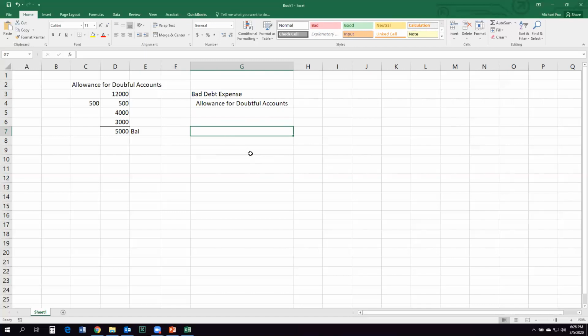So in the next year, if we decide we need $12,000, we're going to do a journal entry for 7,000. So we'll take a $7,000 expense, and our new balance will be $12,000.